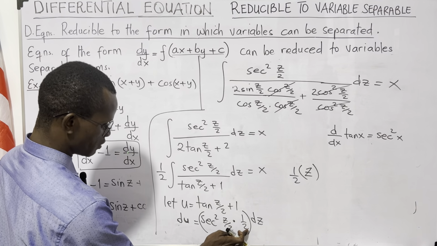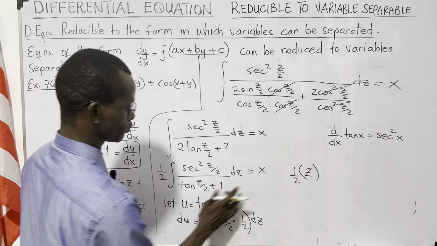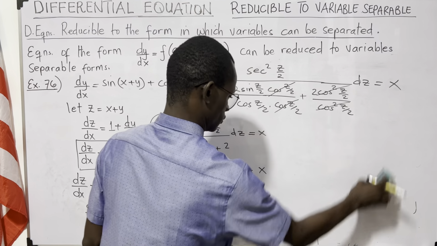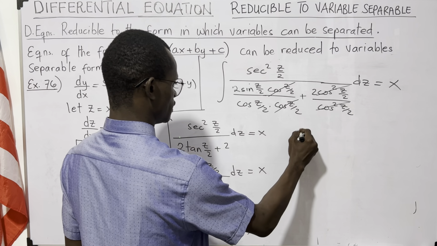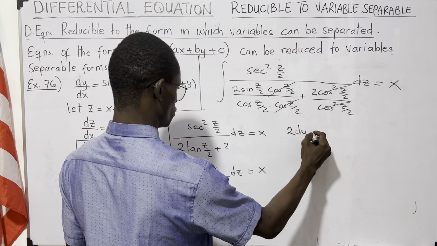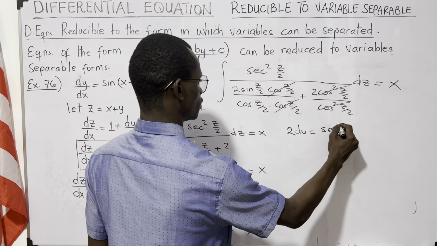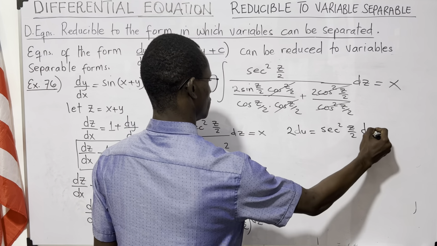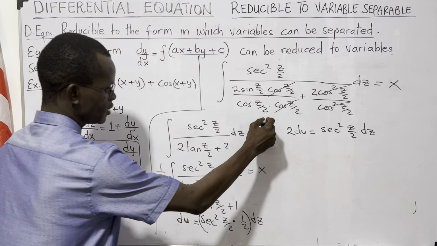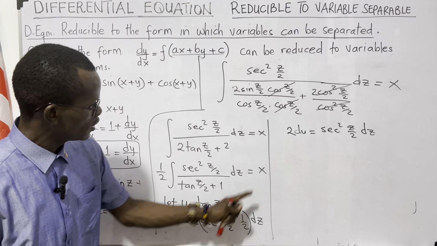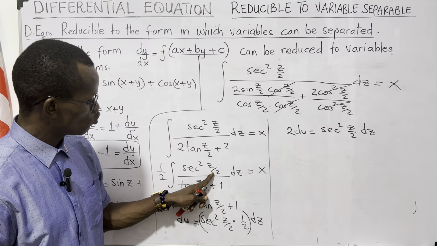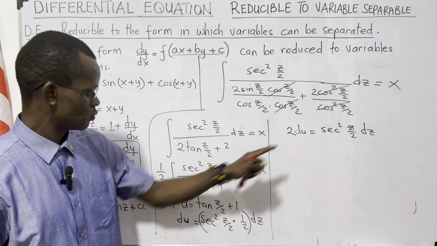So we can now multiply this 2 by this du. So that will give us 2 du equals secant square z over 2 dz. So wheresoever we see secant square z over 2 dz, we're just going to write 2 du.